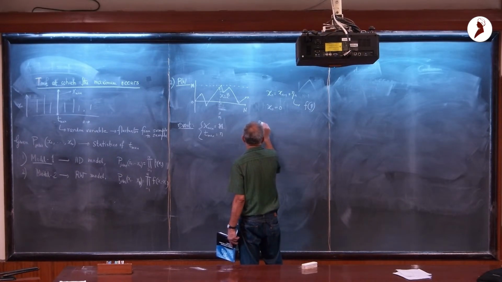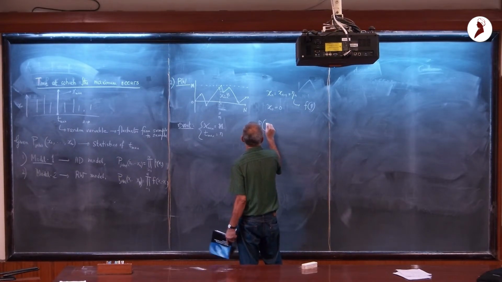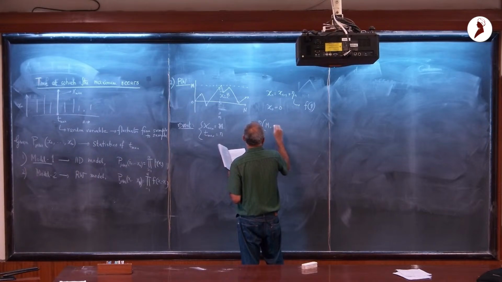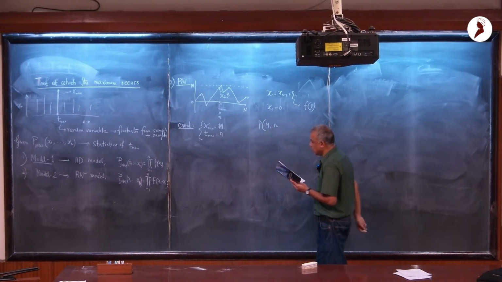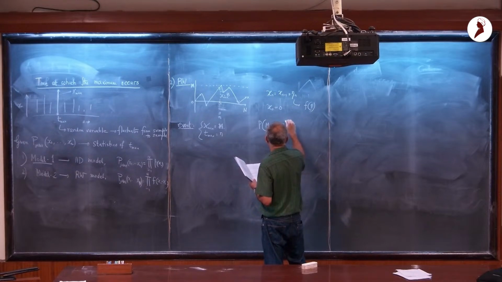So I ask what is the probability that the trajectory starts at 0, arrives at the maximum value m at step n. So this is the joint distribution of the maximum and the time at which the maximum occurs, and that finally it arrives at some position x given n steps.